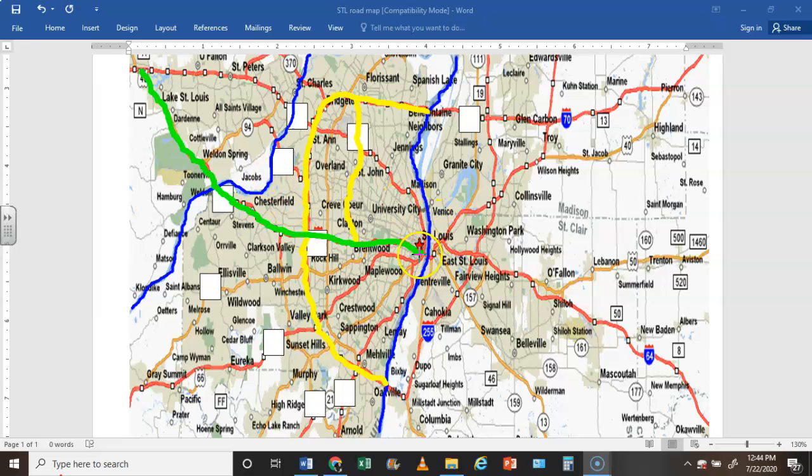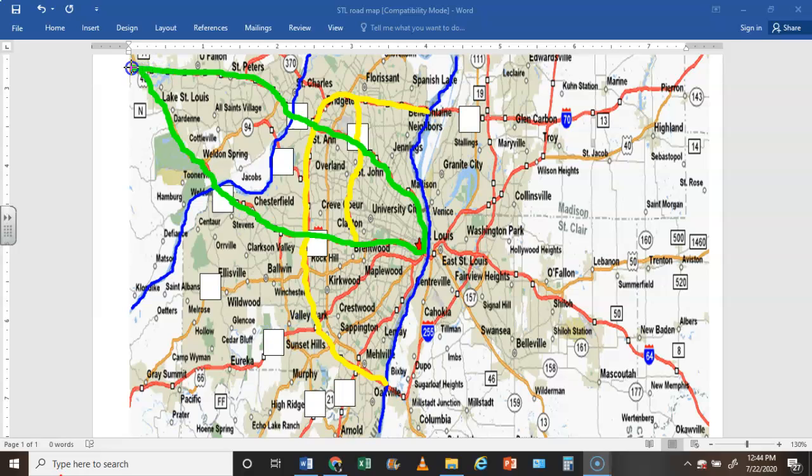Our second highway starts here in downtown and goes north and basically traces along the Mississippi River and then starts to move in a more northwest direction, goes above St. Anne, crosses the Missouri River, and then heads on out toward Columbia.